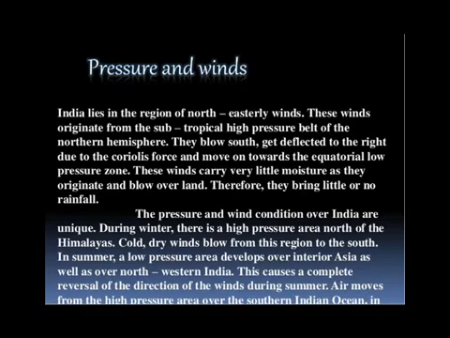On the equator there is more temperature and low pressure, but in India, in comparison to the equator, there is less temperature and more pressure. So generally the winds blow from the subtropical pressure area to the equator, and these pressure and wind conditions over India are unique.